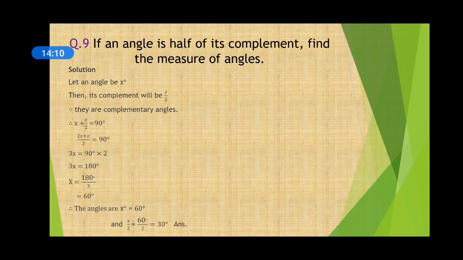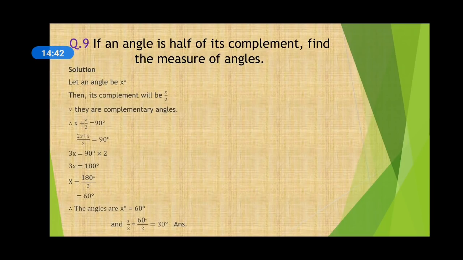And since they are complementary angles, what will be their sum? Their sum will be 90 degree. So x plus x by 2 equal to 90 degree. Now here x by 2 is a fraction, so we'll take LCM. 2 is the LCM. So we simplify and get 2x plus x upon 2 equal to 90 degree.